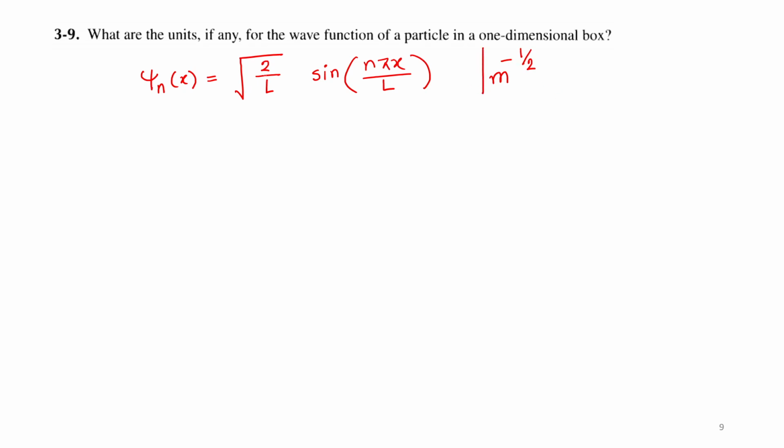Because it is 1 by root over L. So meter to the power minus half is the unit. Sine of x by L is unitless, because sine is a trigonometric function, right?